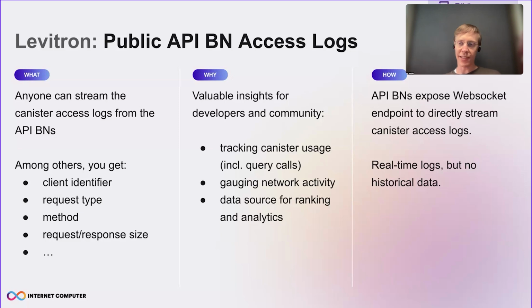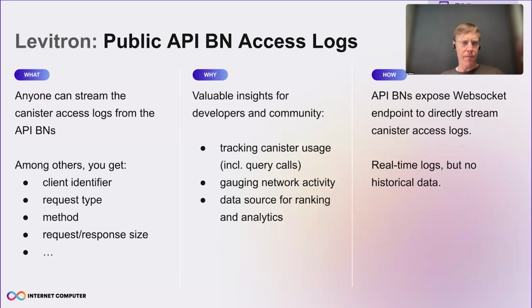You will see which canister method was called, how big the request size and the response size were, and a lot of other information, for example in which subnet the canister is hosted, which replica node actually replied to this request, and so on.